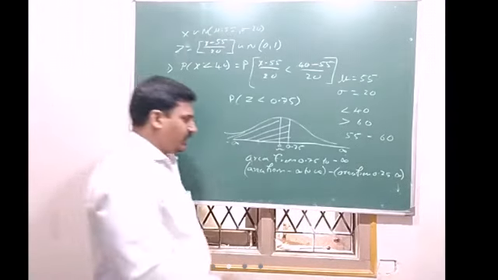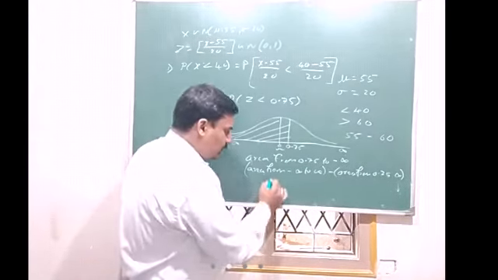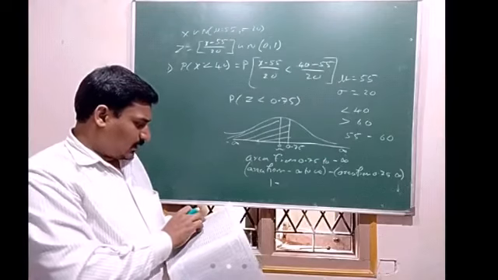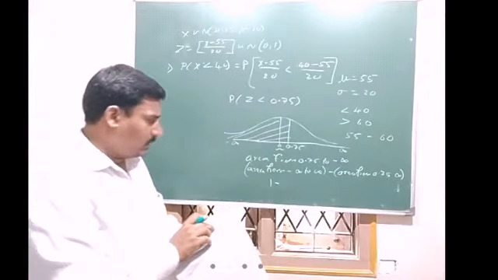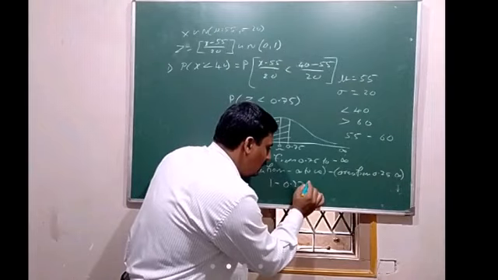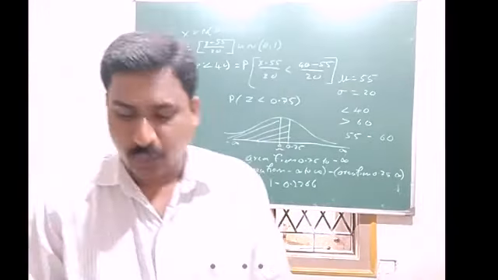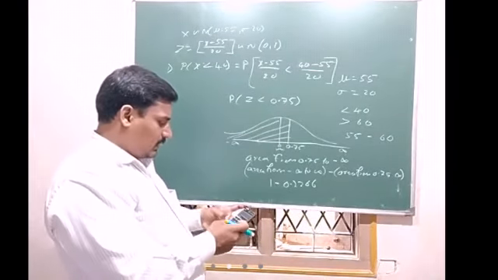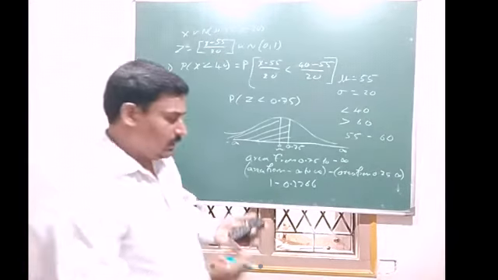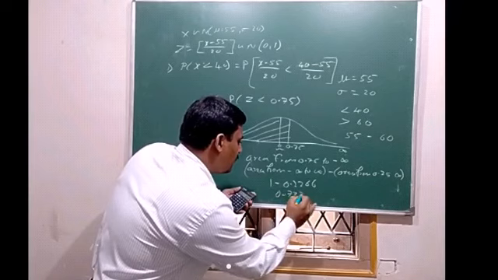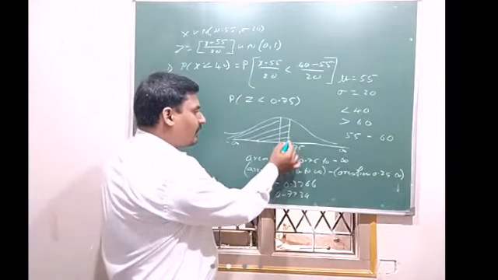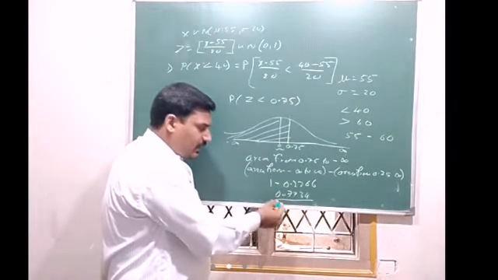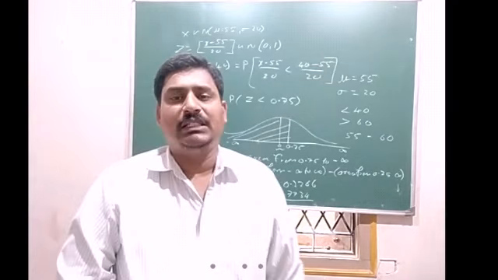Area from 0.75 to infinity is 0.2266. So that is 1 minus 0.2266. If you deduct it, 1 minus 0.2266 is 0.7734. So the area from 0.75 to minus infinity is 0.7734. That is the answer.